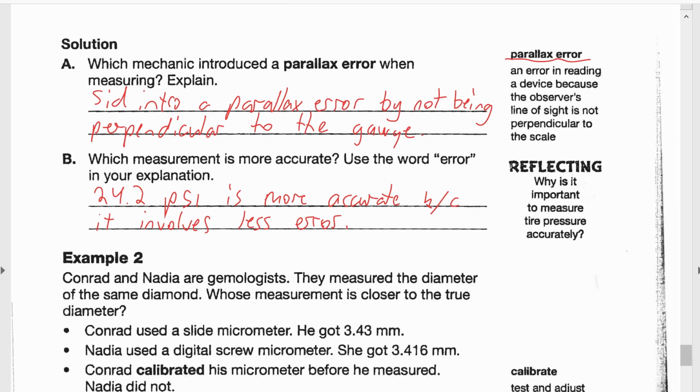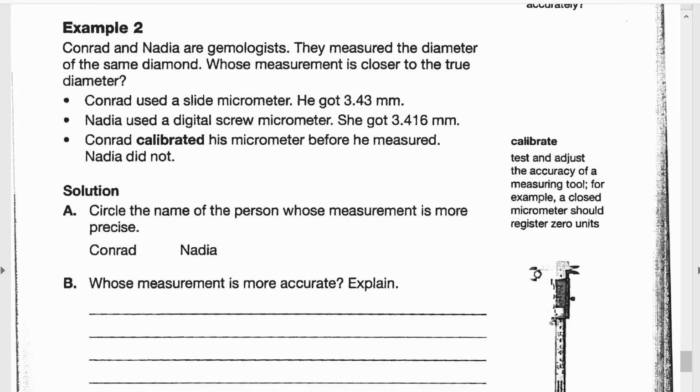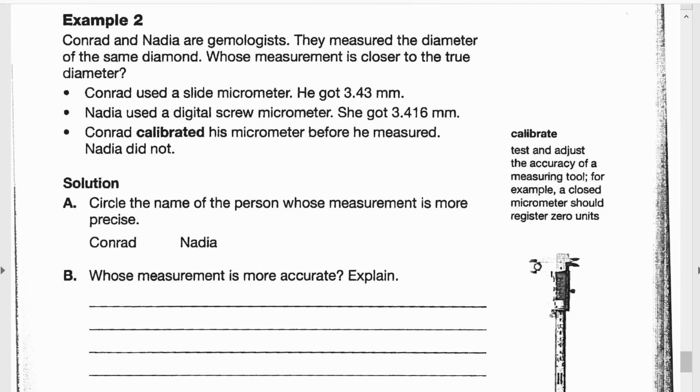Number 2. Conrad and Nadia are gemologists. They measured the diameter of the same diamond. Whose measurement is closer to the true diameter? Conrad used a slide micrometer. He got 3.43. Nadia used a digital screw micrometer. She got 3.416. Conrad calibrated his micrometer before he measured.